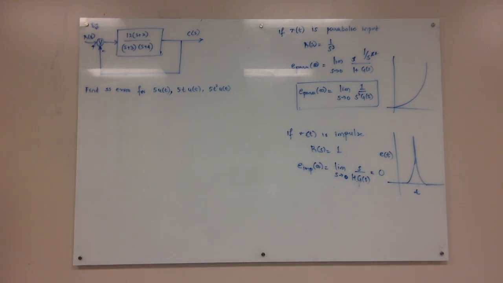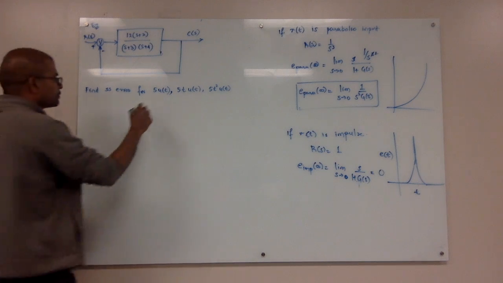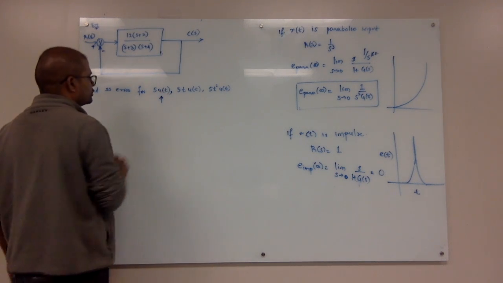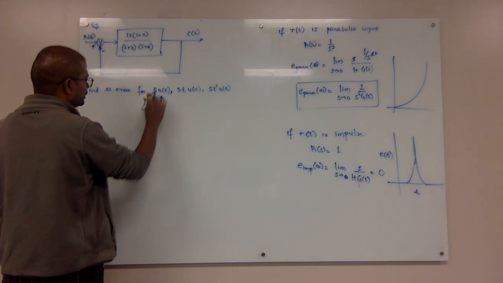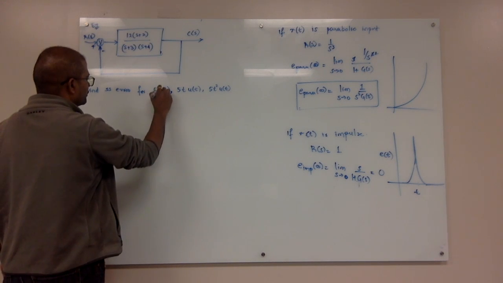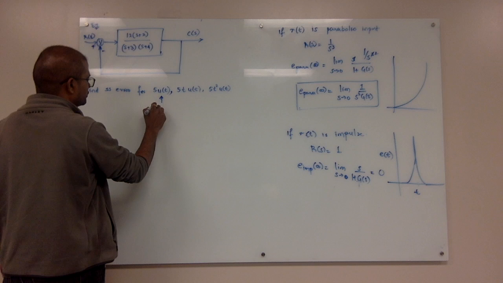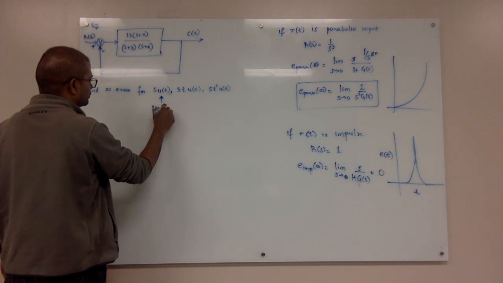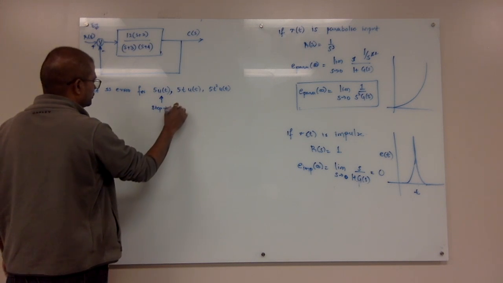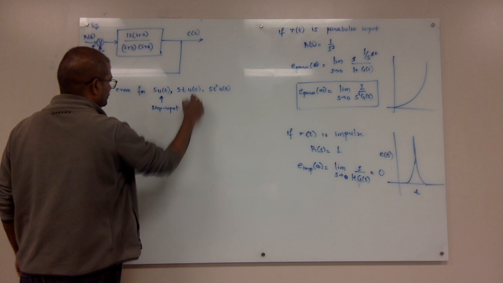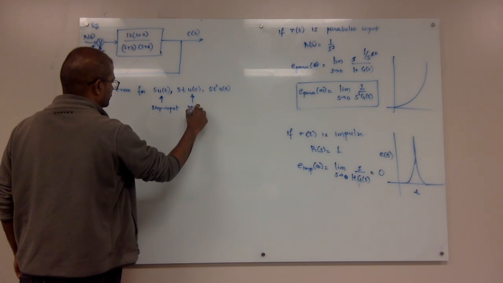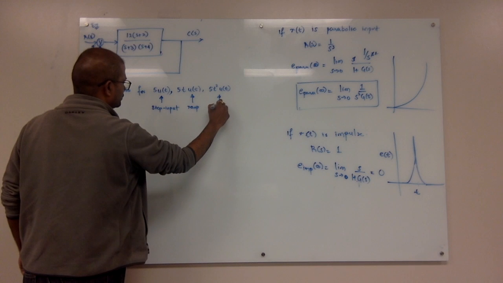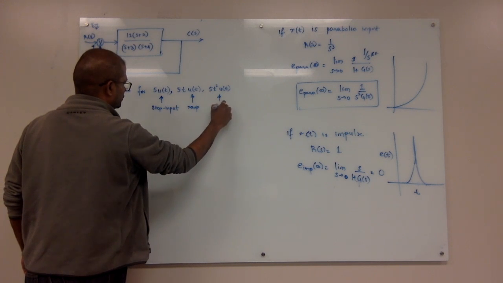The first one's an impulse. The second one is a step. That's a step, it's not a unit step. Unit step is u(t). This is just a step input. This is going to be your ramp. And this is your parabola.